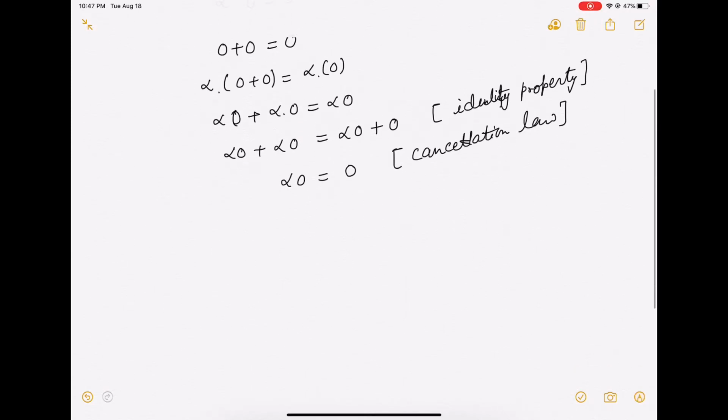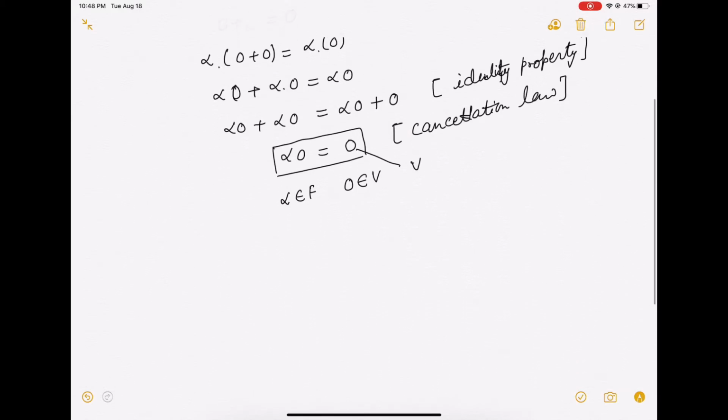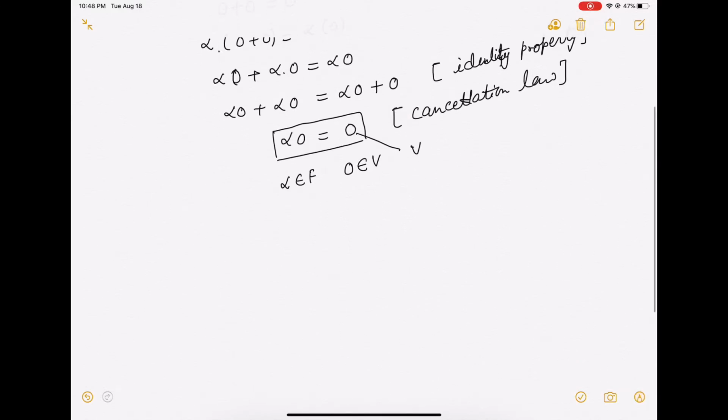So we get alpha 0 equal to 0. Remember, in this identity, alpha is a member of field and this is a vector 0, and again this 0 belongs to vector. So when a scalar operated on 0 vector, we again get a 0 vector.